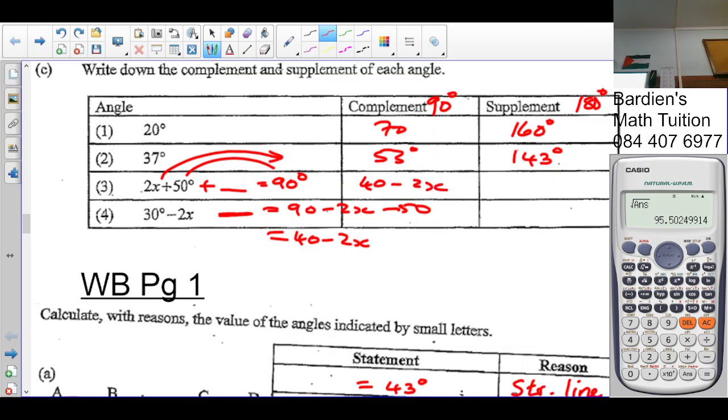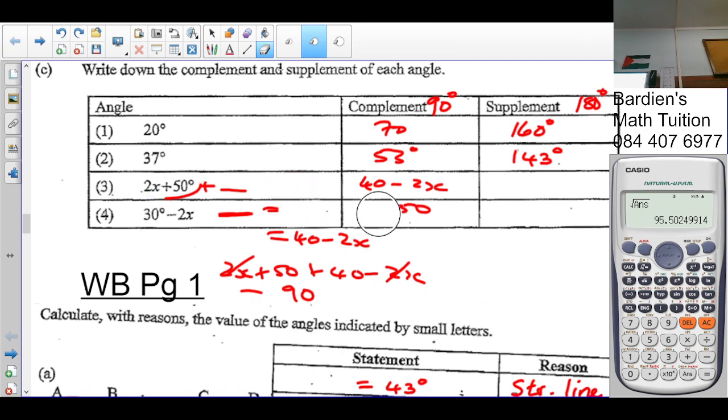If you say 2x plus 50 plus 40 minus 2x, what are you going to get? 90 degrees, which means to say this is complementary. Can you see that, people?